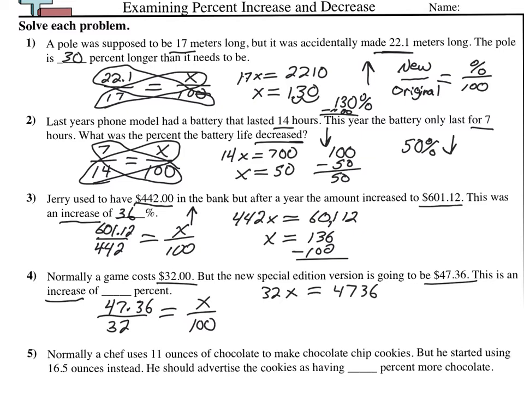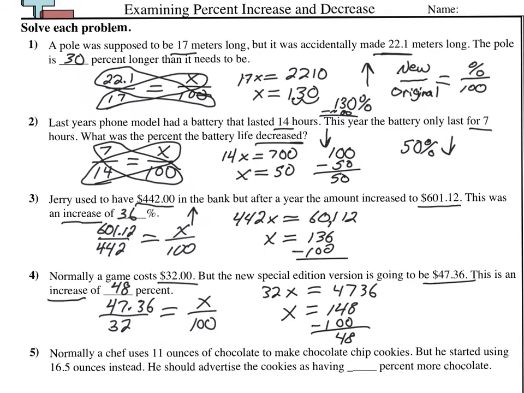Again, we're multiplying by 100, so it just moves the decimal 2 places to the right. Now we take 4736 and divide it by 32. And we get x is equal to 148. Again, it was an increase from the 100, so I take the 100 away and I get 48. So the price increased 48%.